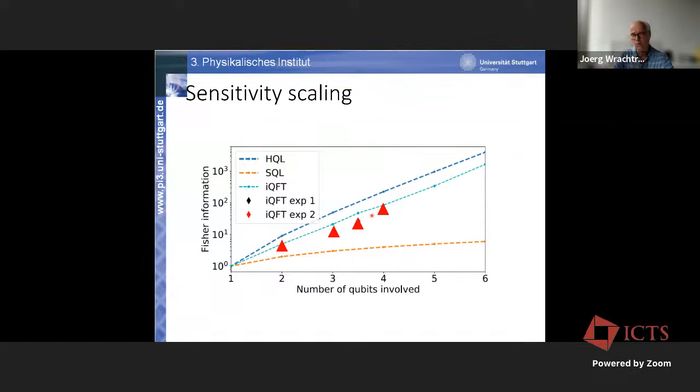So overall, this algorithm improves Fisher information scaling of the recording of these signals above the standard quantum limit. We do not reach the Heisenberg limit, although we are using an entangled state. The reason is that there is a certain computational overhead to do the quantum Fourier transformation, and its inverse in the end to read out the signal.